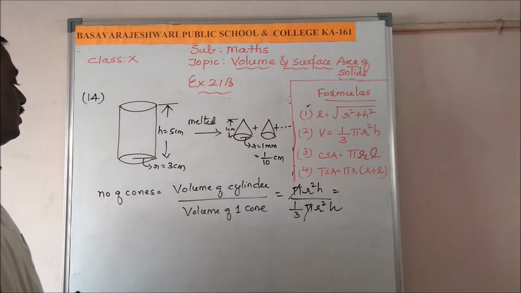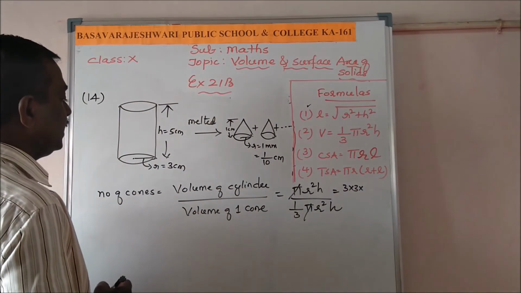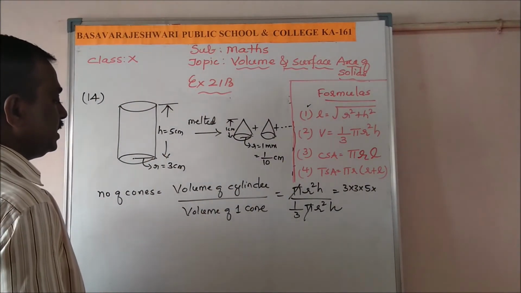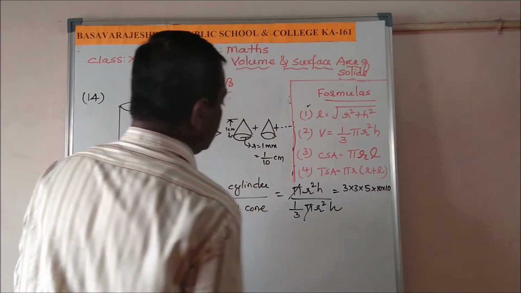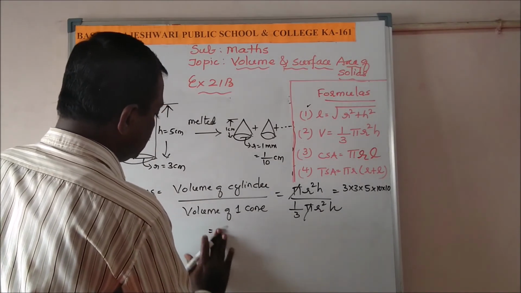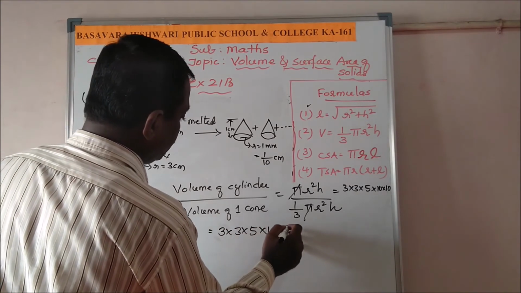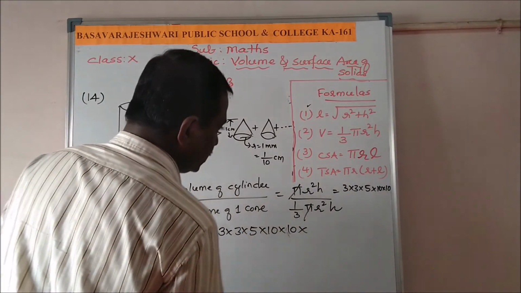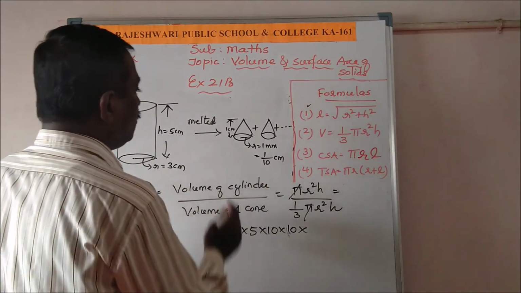r square, r means 3 into 3, into h is 5, divided by r square is 1 by 10 into 1 by 10, that is into 10 into 10. So I write here 3 into 3 into 5 into 10 into 10 into h, and h is how much they have given? 1 centimeter.